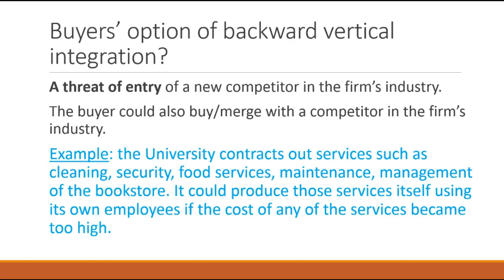After all, if we think of the university as a large employer, a large firm, a large buyer in this case, there may be many services, cleaning businesses that could be offering these services and bidding against each other. And so perhaps the university could lower its costs that way.